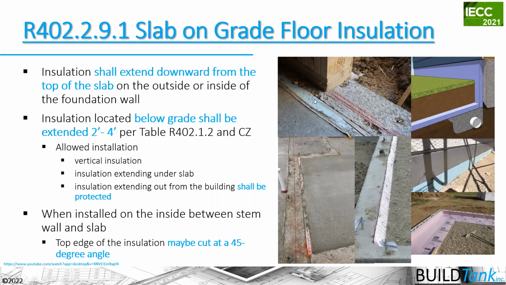This is just replacing the 1/2-inch expansion joint material with 2 inches of R10 foam, or you might even be able to trade it off to 1 inch of R5 foam as your expansion joint now, but also as your slab edge insulation here.